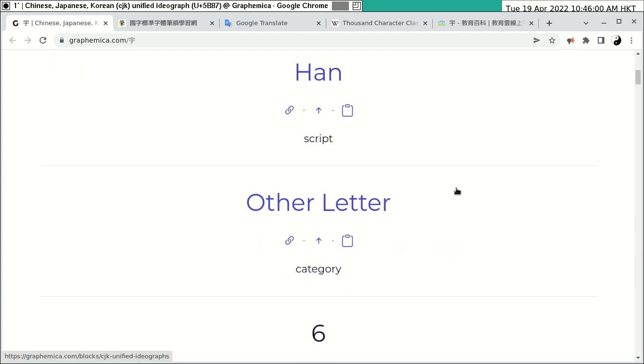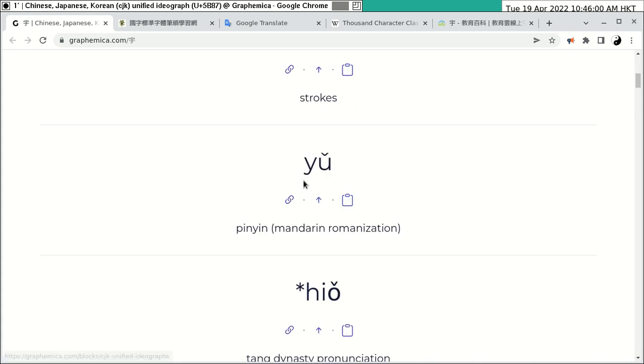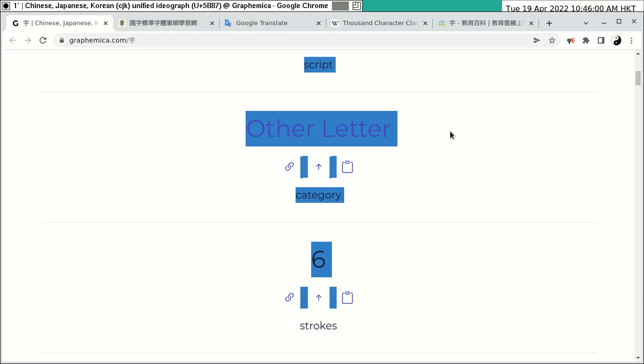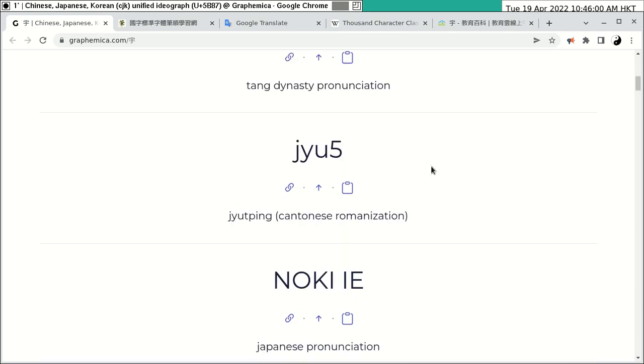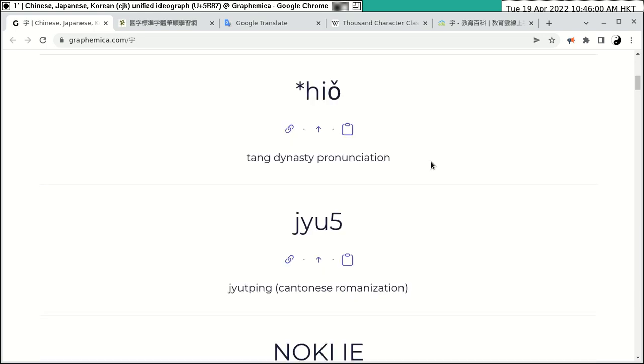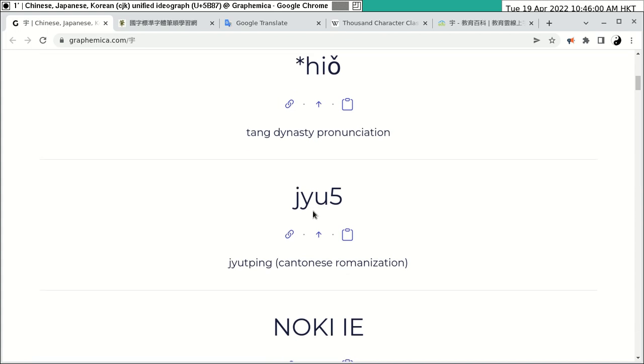Remember, this is the cursive sign, and above is Yu. It means to go down and go up. And for Cantonese, Yu is similar. And that is how we write it.